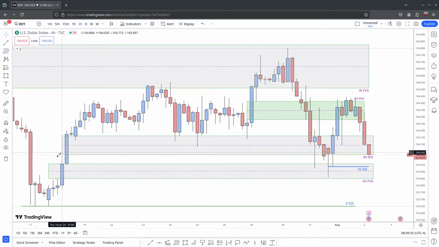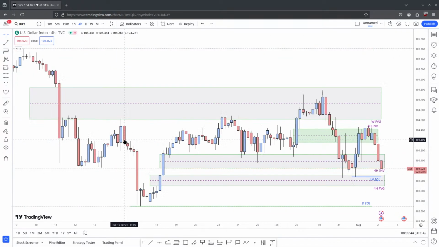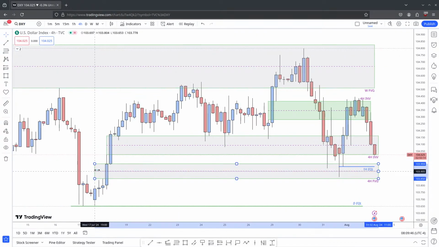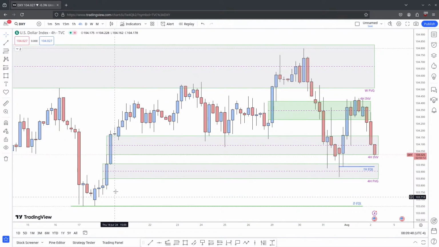We also have an inversion over here, which is noteworthy to extend through in case it wants to trade through and act as an inversion. And then we have another one sitting below that one over here, which we could utilize as a potential target.